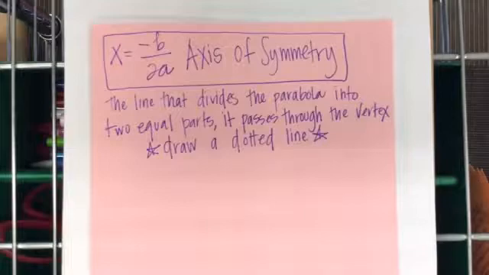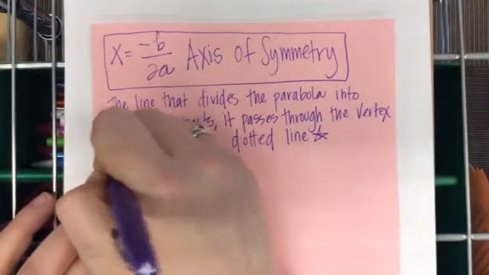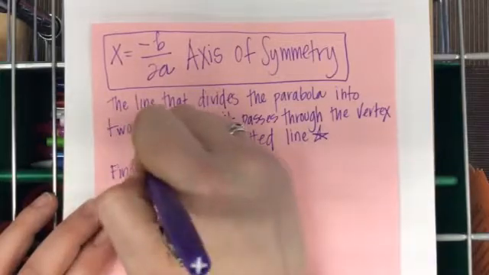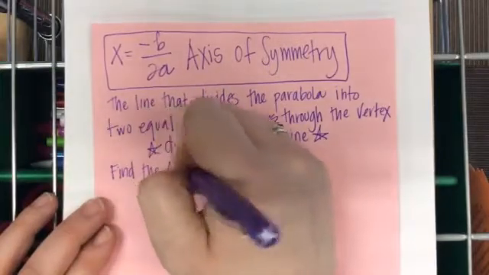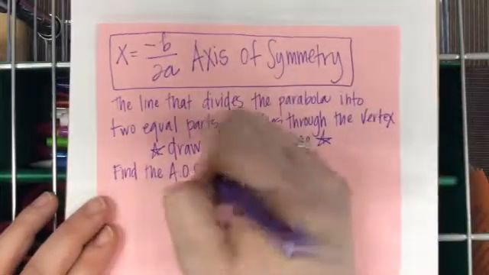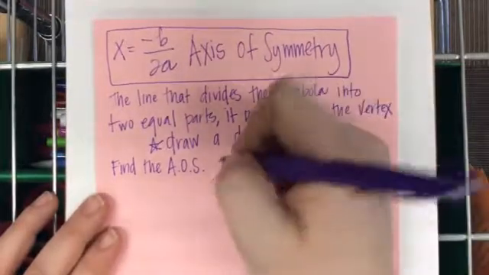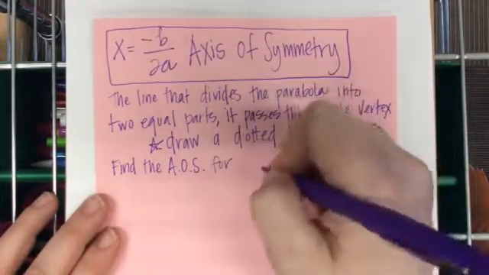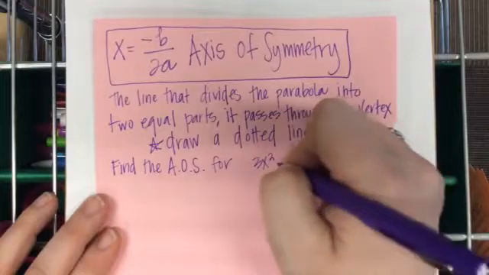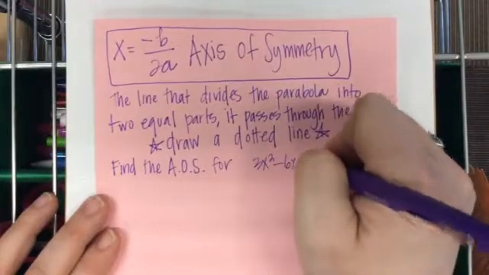It's the first part of the vertex formula. All right, can you find the axis of symmetry, the AOS, for this quadratic?